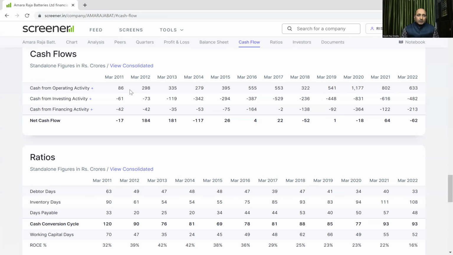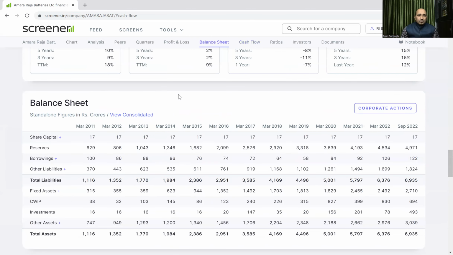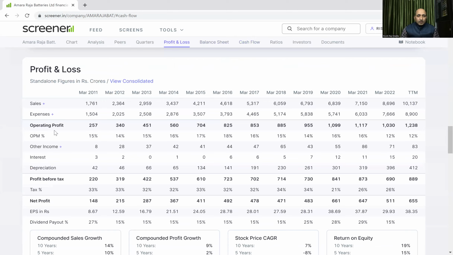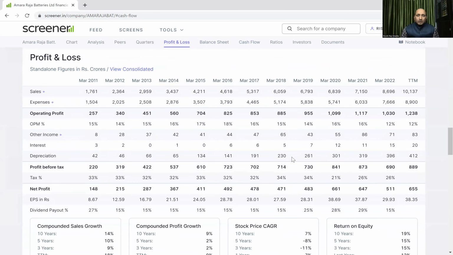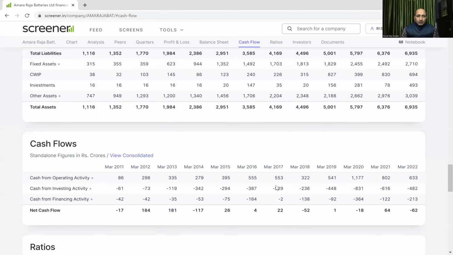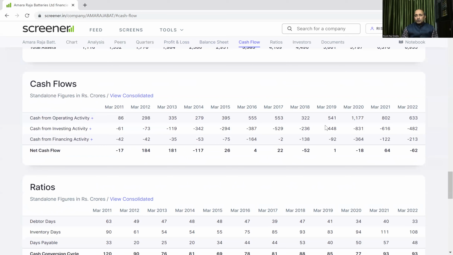Of course, we have to see whether this cash is increasing in sync with sales, and operating profit likewise. If it is increasing, then it is good.